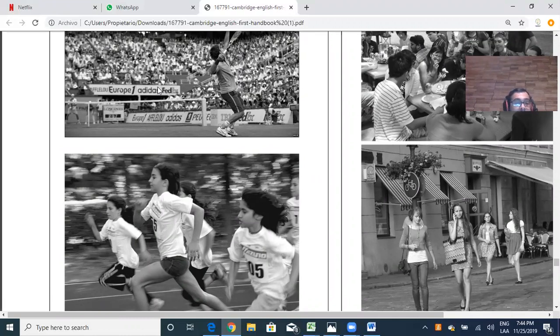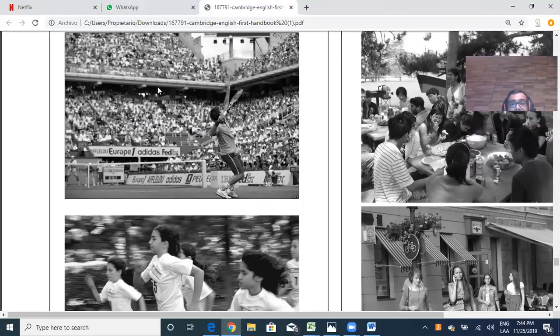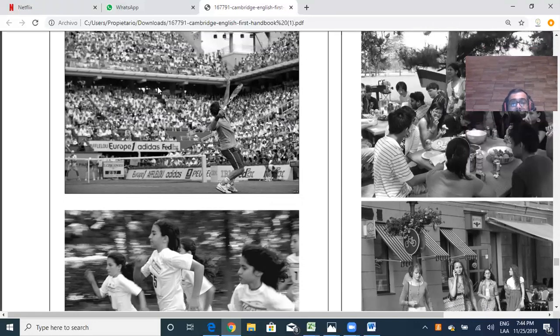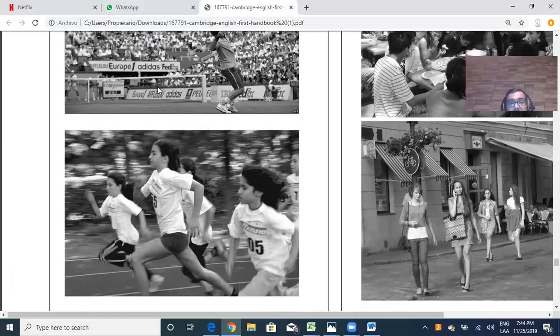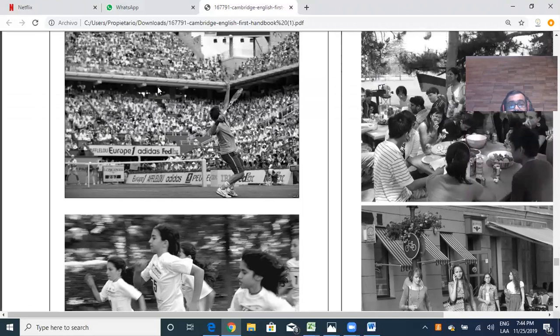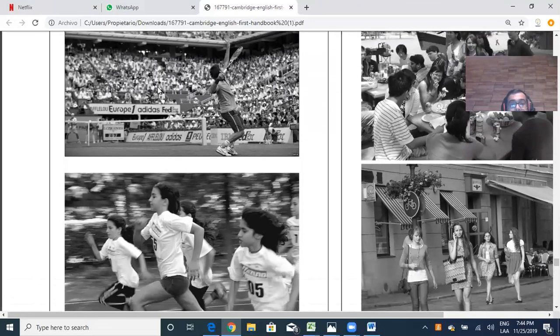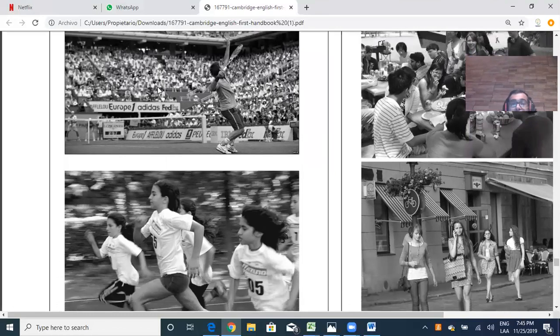In the first photograph, I see a man who is inside of the stadium, and in the second photograph there are people outside. The first picture has fewer people than picture number two, and in number two there are more people trying to win than in the first photograph.